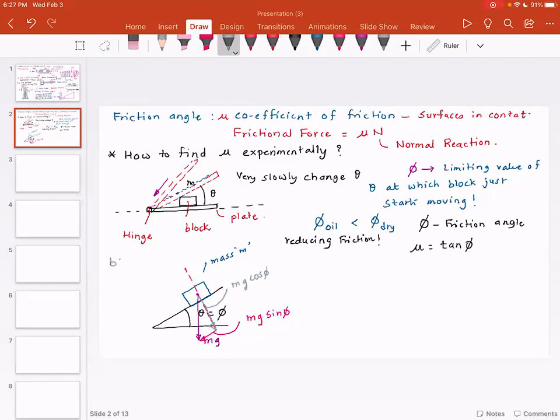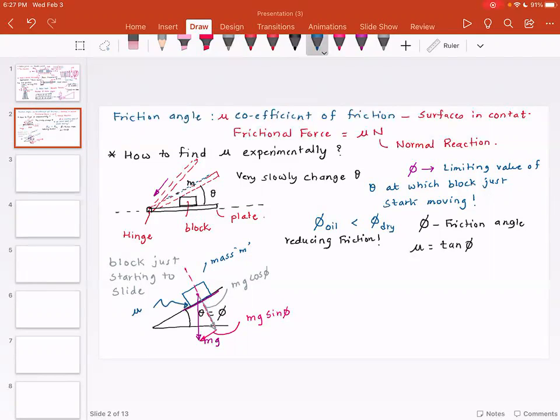So the condition here is the block is just starting to slide. Now assuming the coefficient of friction between the block and the surface is mu.